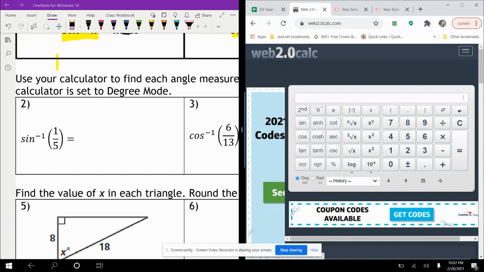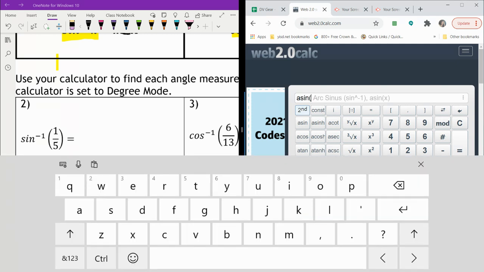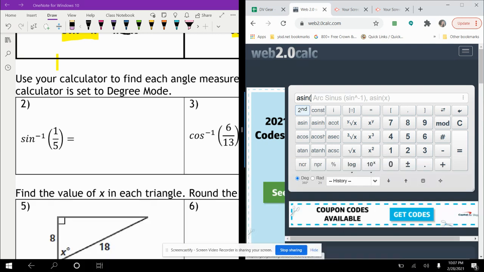And so for sine, we're going to use inverse sine. So let me look for my inverse sine. We press the second button here, and then I think this is arc sine, sine to the power of -1. I'm pretty sure it's this one.